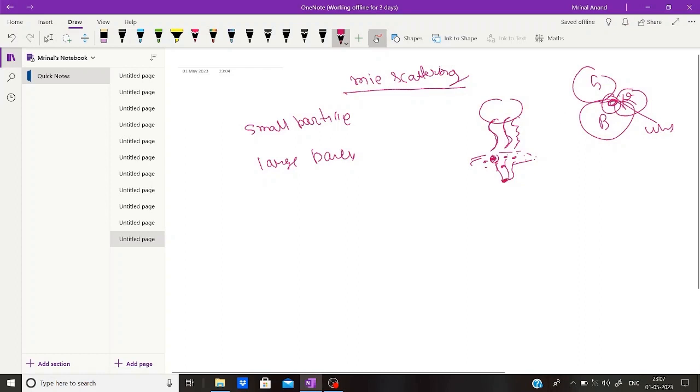And when this blue light, red light, and green light meet, they will make the white light. So in the case of the Mie scattering, we are getting the white light.